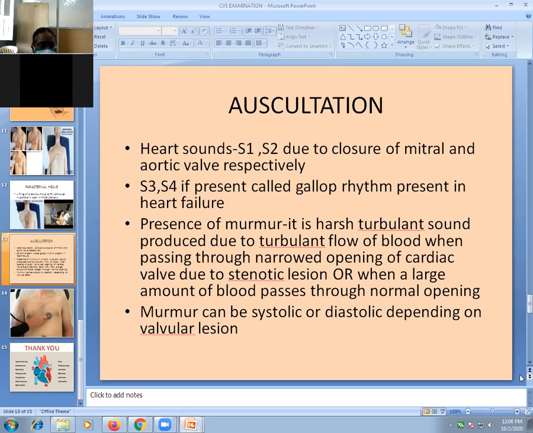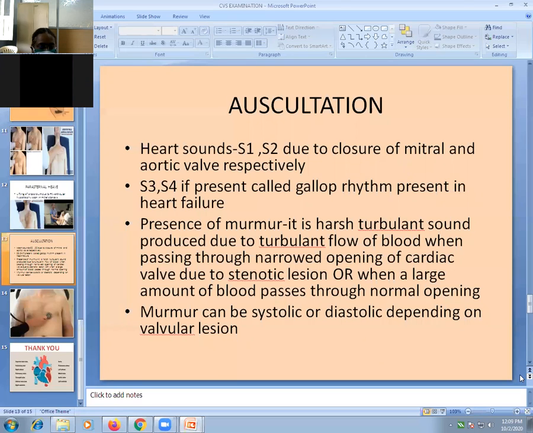Openings are normal, valvular area is normal, but there is a large blood volume which has to pass through that opening. Then that large blood volume can produce turbulence while passing, and that produces murmur. Such a condition is seen in patients of severe anemia, in hyperthyroidism, in AV malformations, in beriberi.